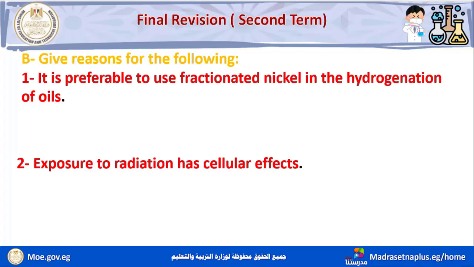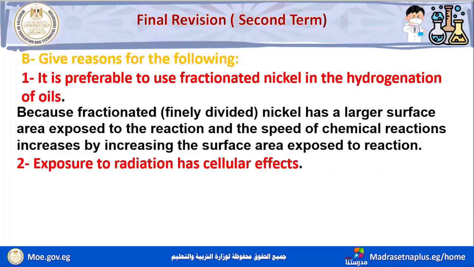It is preferable to use fractionated nickel in the hydrogenation of oils because fractionated or finely divided nickel has a larger surface area exposed to the reaction, and the speed of chemical reactions increases by increasing the surface area exposed to reaction.